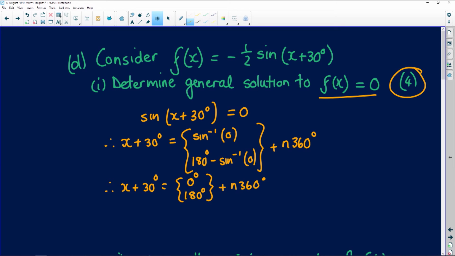All that's left for me is to now throw the 30 over. So x will be minus 30, or 180 minus 30 is 150, plus multiples of the period for the sine graph, and that n is indeed an integer.